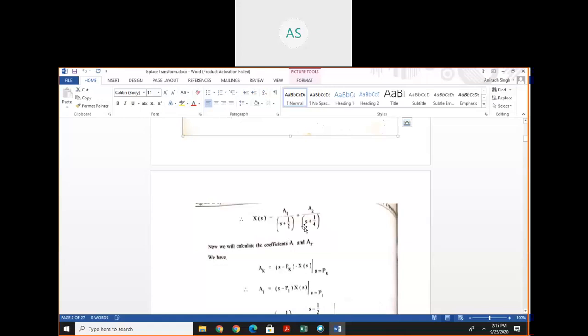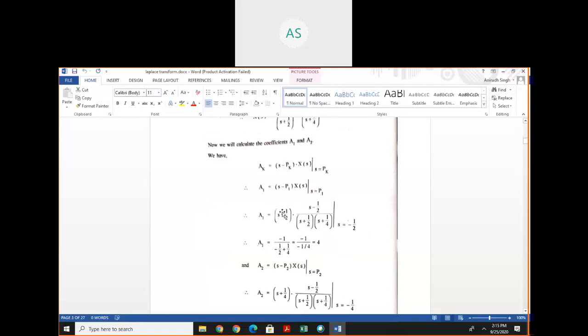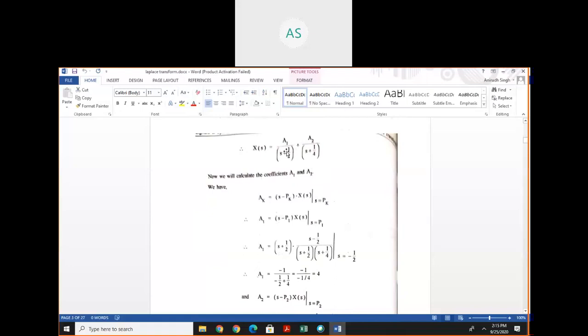The X(s) is written in this partial fraction form. Then we calculate the values of a1 and a2.